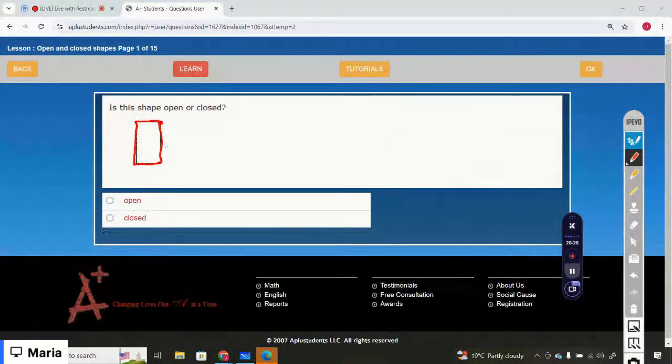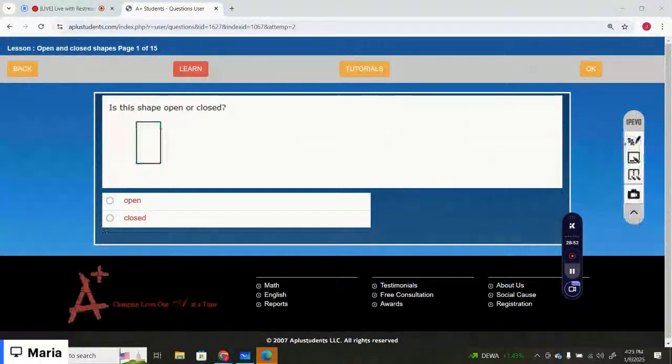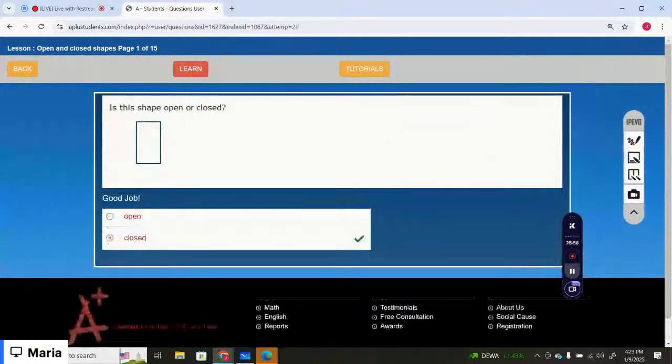So that means that is a closed shape. The correct option is closed. Option number two is the correct option.